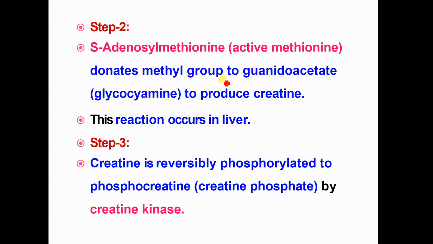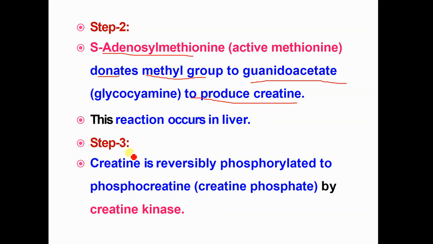And in step 2, methionine in the form of S-adenosyl methionine donates the methyl group to guanidoacetate to produce creatine, and this reaction occurs in the liver.